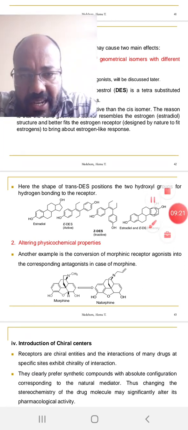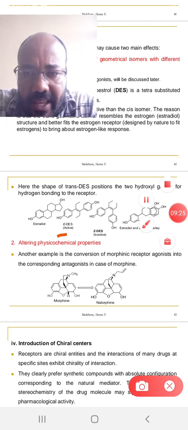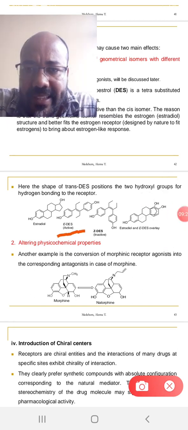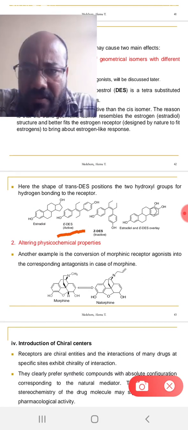These are the cis and trans isomers of diethylstilbestrol. One is E, that means trans. The other one is Z, that is the cis form.